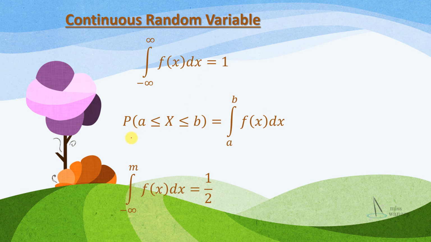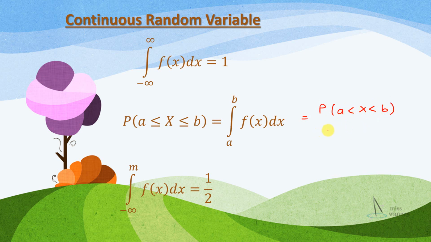Second, the way we calculate our probability is that probability for x in between a and b is integrating from a until b f(x) dx. But for continuous, it doesn't really matter whether you have the equal sign or not. So this is also equal to probability for a less than x less than b, without the equal sign.